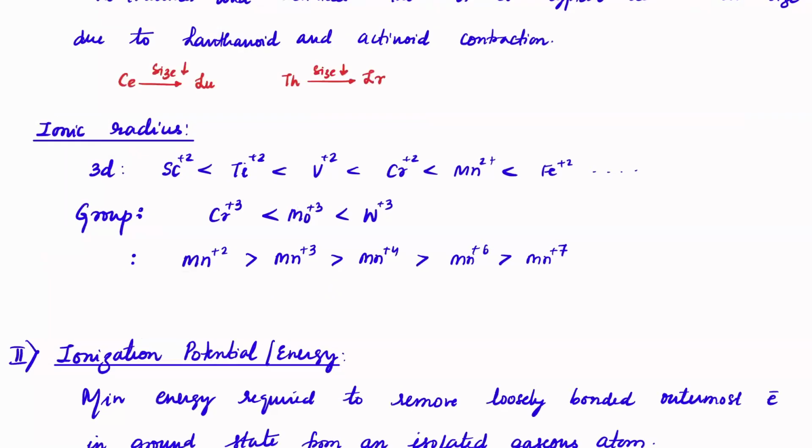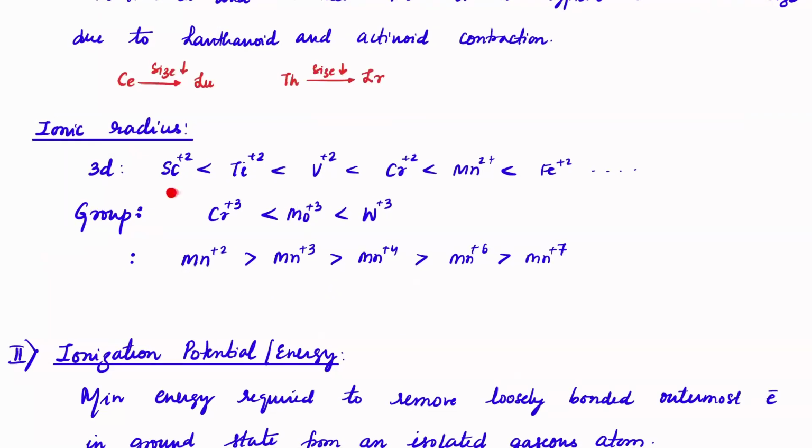And lastly, in case you are removing the electrons from the outermost orbit and only keeping d orbitals, that is when you have +2 oxidation state. That means scandium has +2, titanium has +2 charge, vanadium has +2, all of them. In that case, the trend is very simple.